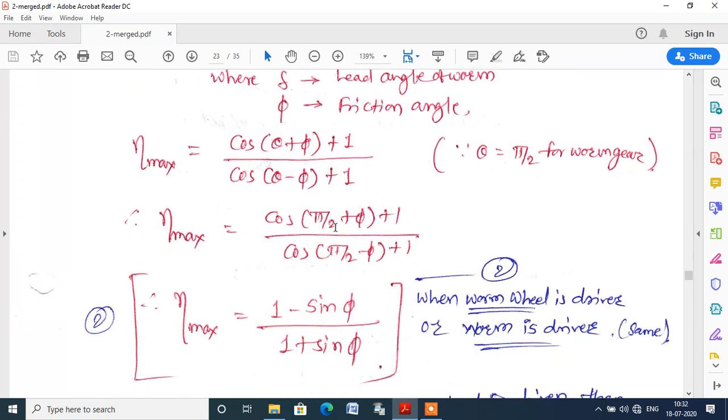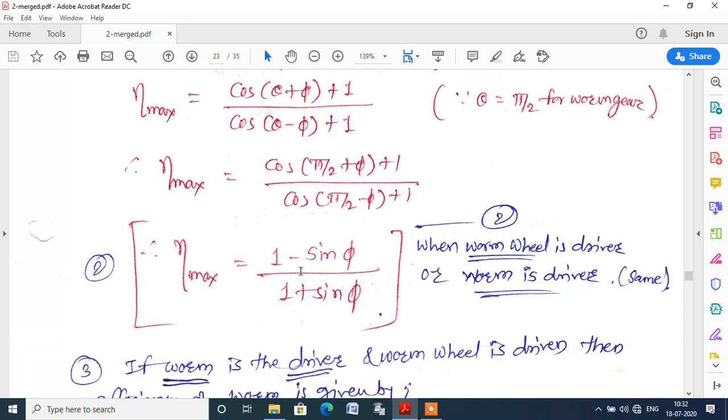So you will get cos pi by 2 plus phi plus 1 divided by cos pi by 2 minus phi plus 1. Here cos pi by 2 plus phi equals minus sin phi, and cos pi by 2 minus phi equals sin phi. So by putting these trigonometric formulas, we get the maximum efficiency for worm and worm wheel equal to 1 minus sin phi upon 1 plus sin phi. This is the maximum efficiency.